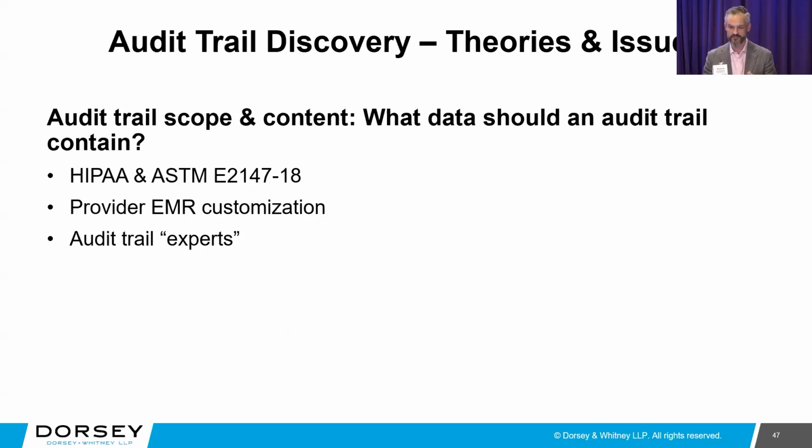So let me pivot then to some theories and some issues that come up in litigation over discovery into audit trails. And the first, coming back to something I touched on already, is scope and content. This has tended to be the biggest fighting issue that I've had in a number of my cases where a plaintiff is seeking audit trail data.